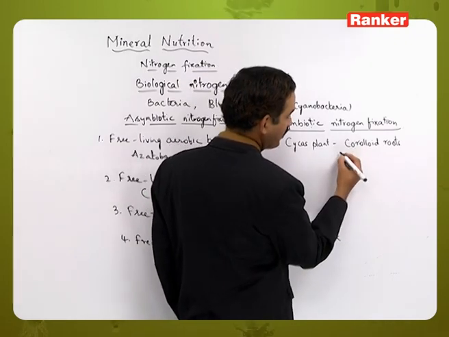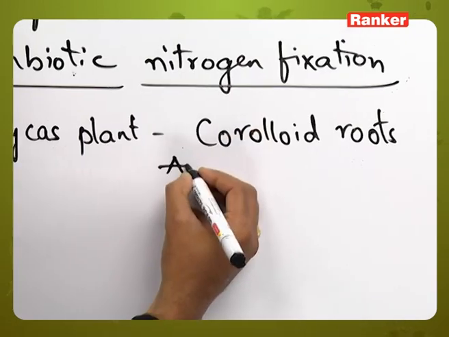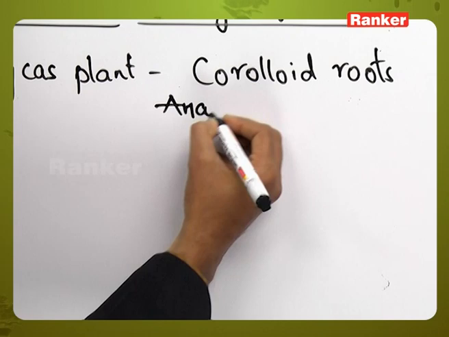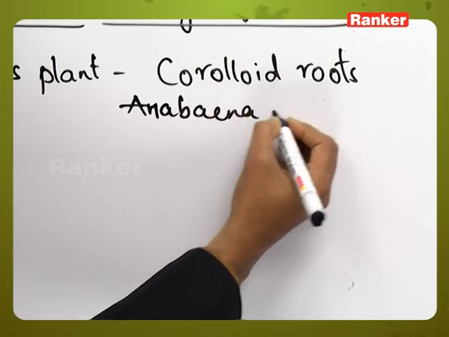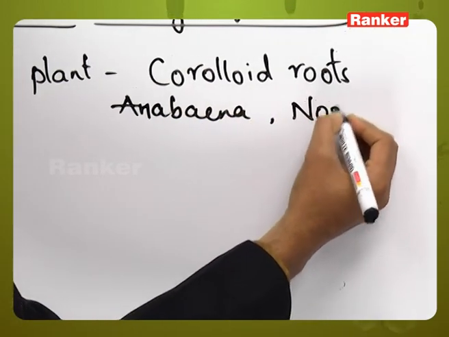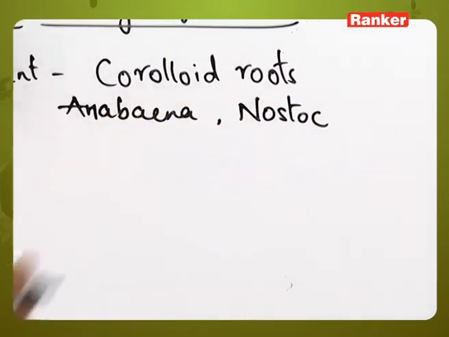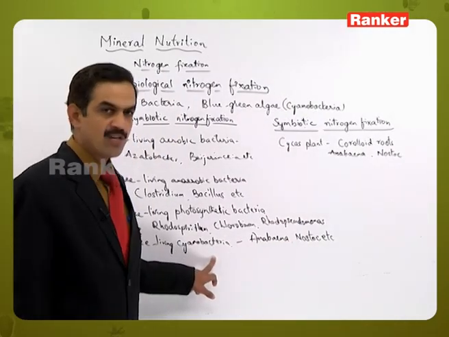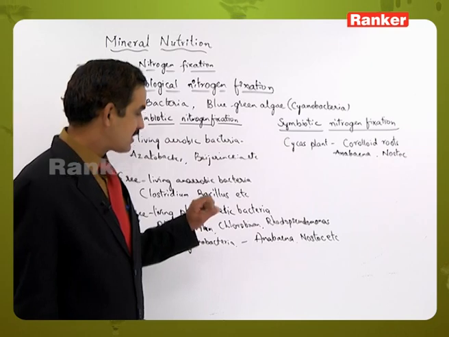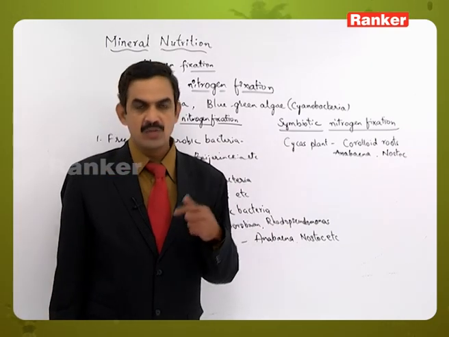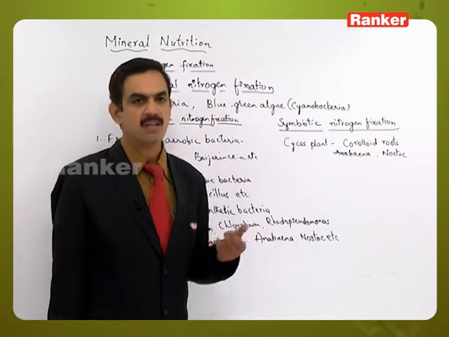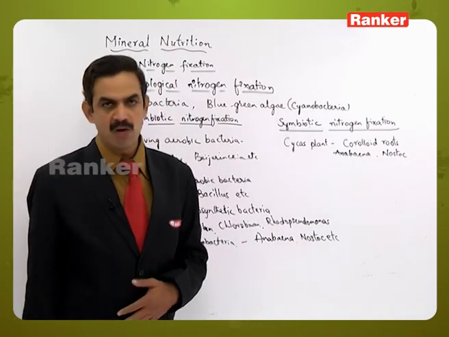Because these roots contain two types of cyanobacteria. Those are Anabaena and Nostoc. So already we had discussed these two names in the free living cyanobacteria also, but the species are different. So different types of Anabaena species and different types of Nostoc species are involved here.